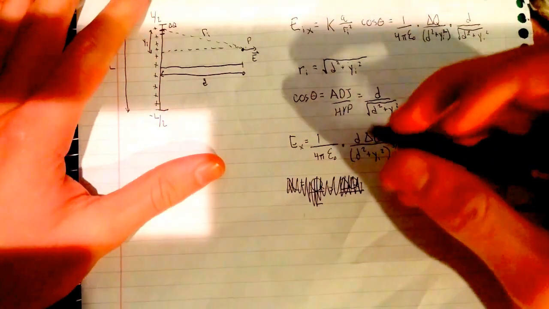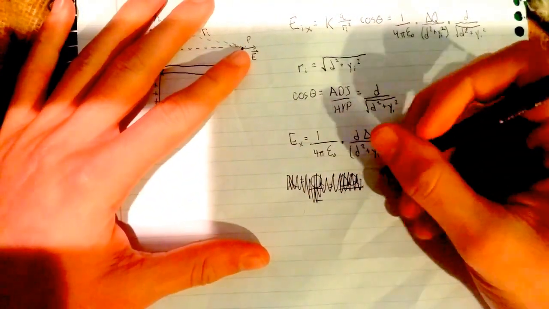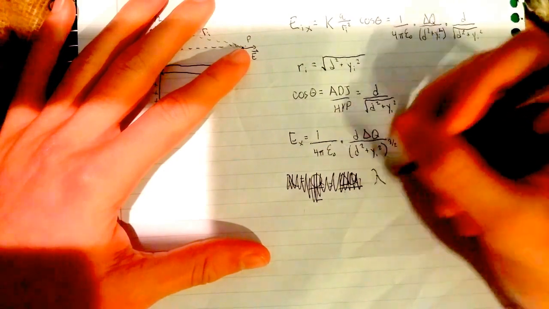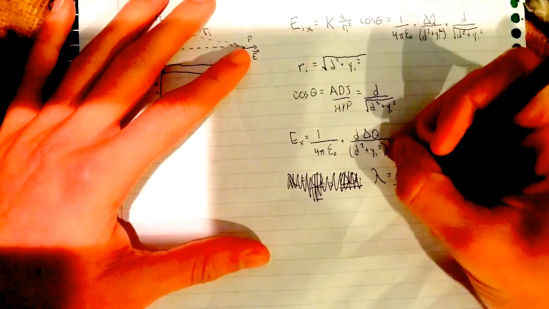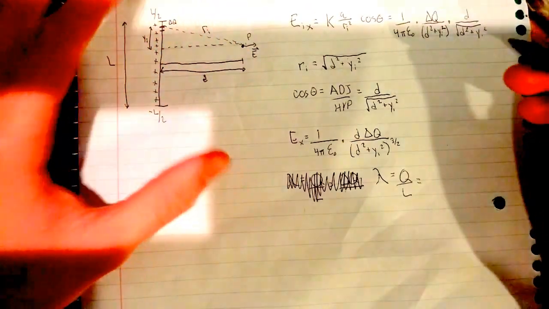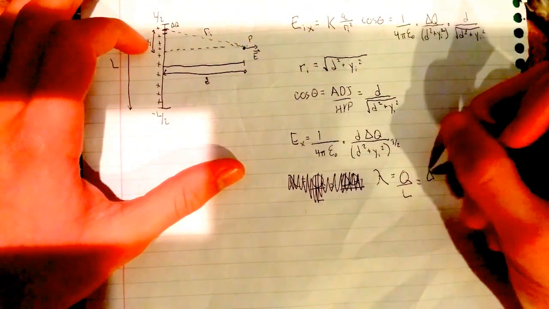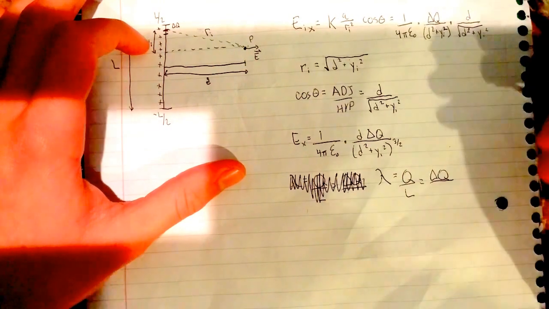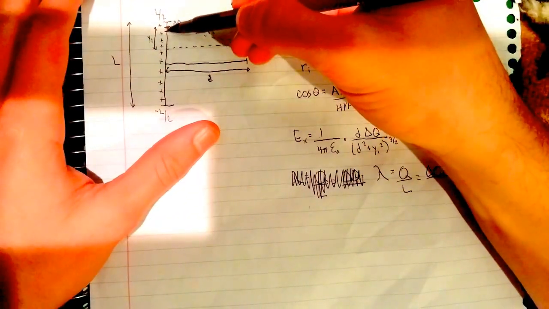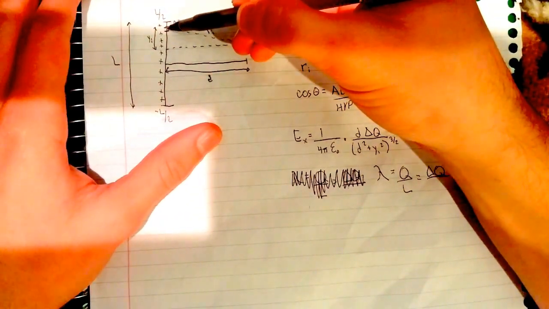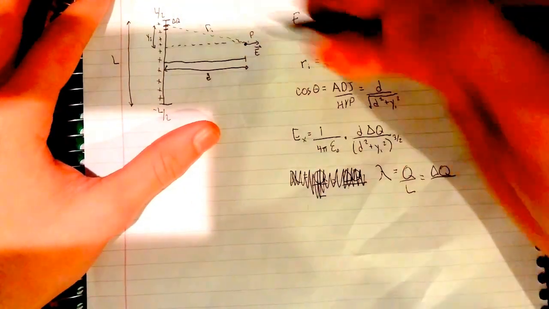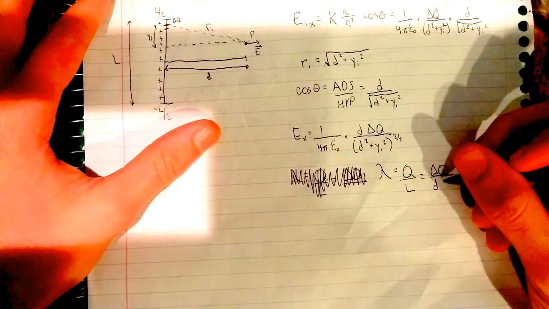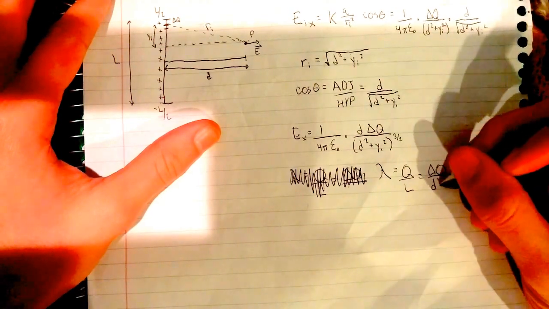Here we're going to make some substitutions. If you remember, linear charge density is lambda is equal to the charge, Q, over L. In our instance, we're going to be using delta Q over L, and L is going to be that little piece of the rod we're going to be using. So we got y, so it's going to be dy_i.